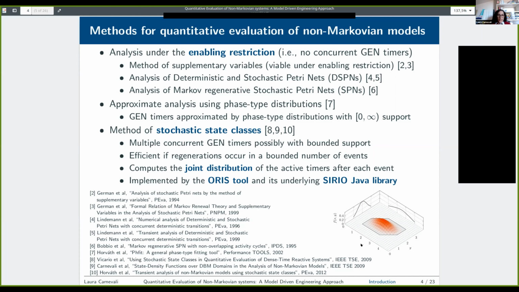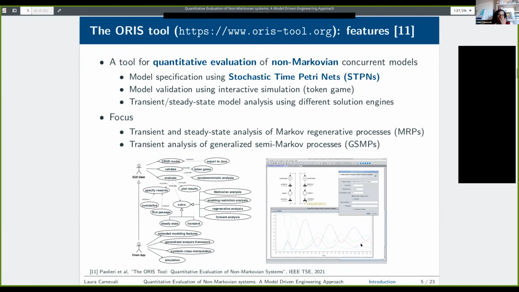This approach is implemented in a tool which is termed ORIS, which supports specification of models using the formalism of stochastic time Petri nets, which I was mentioning before. The typical workflow of ORIS starts with designing a model using the graphical user interface and validating the model using interactive simulation.